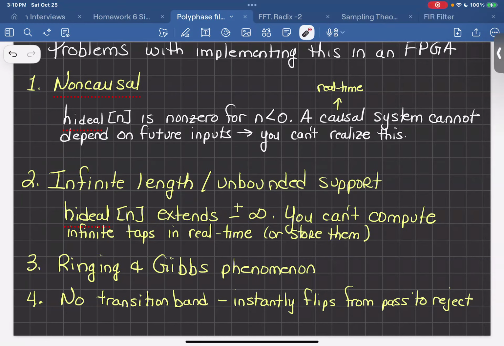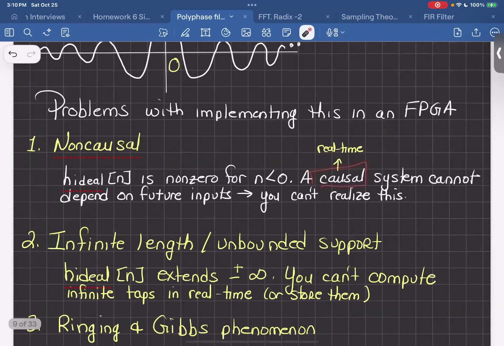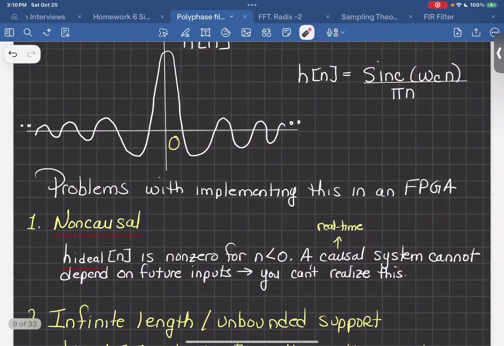So we need one condition that's absolutely essential: we need a causal system. This impulse response is non-causal. Why? Because it relies on these future inputs. Future meaning, now it doesn't look like this is future, but this is in the negative.